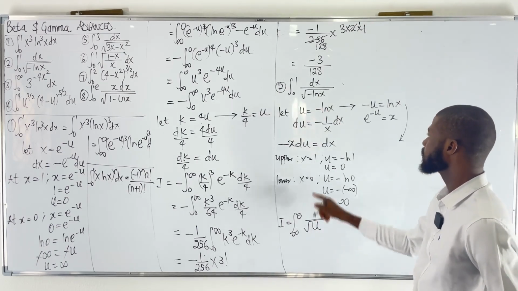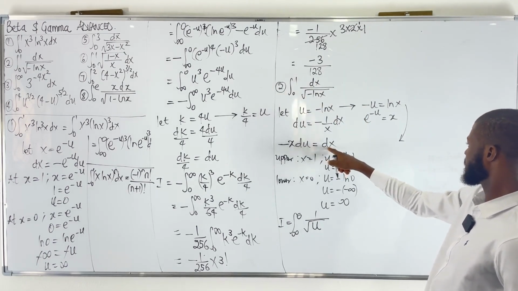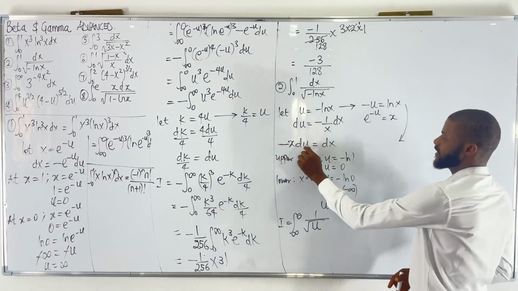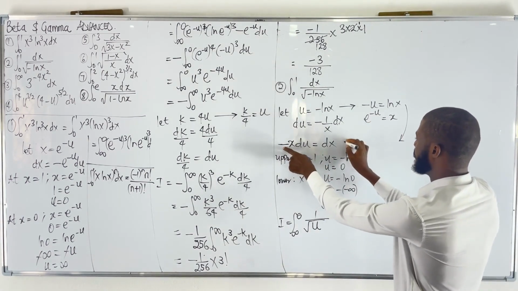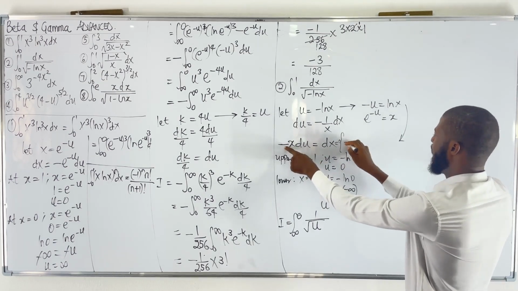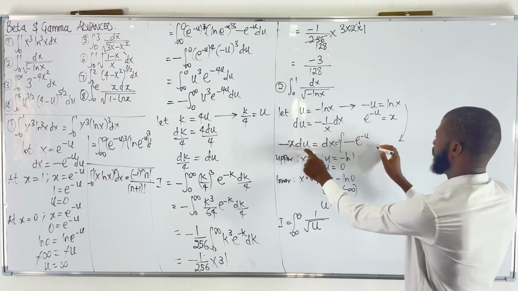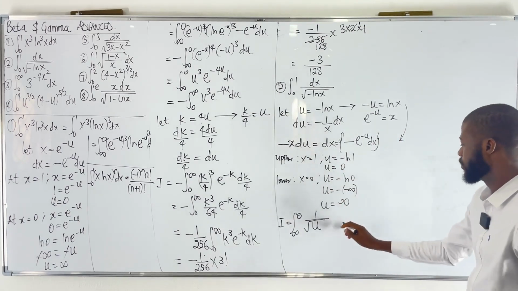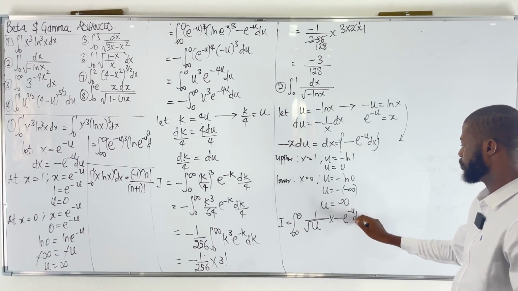Then this dx, what is dx? dx is minus x du. But we've been able to solve for x. So minus x is minus e to negative u, then du. So this is times minus e to negative u du.